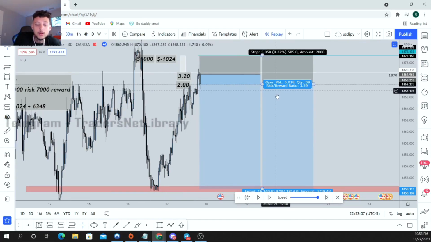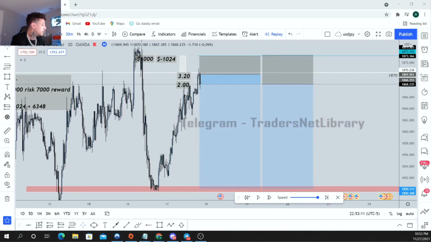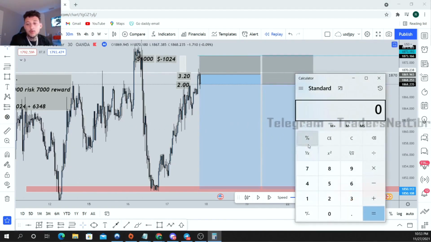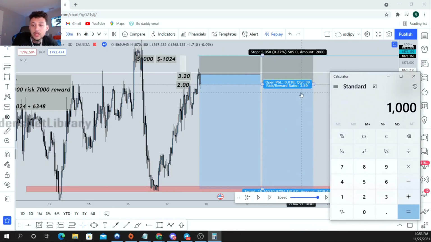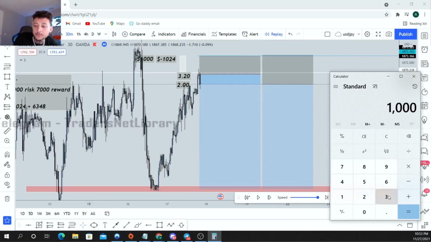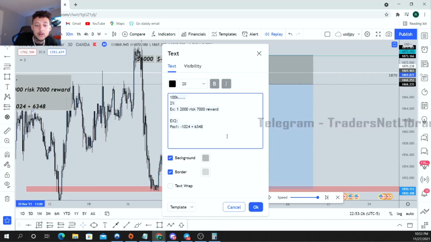Now all we're simply going to do is look at our potential reward, which if we take a calculator, we multiply 1,000 by 3.59. That's going to give us $3,590.